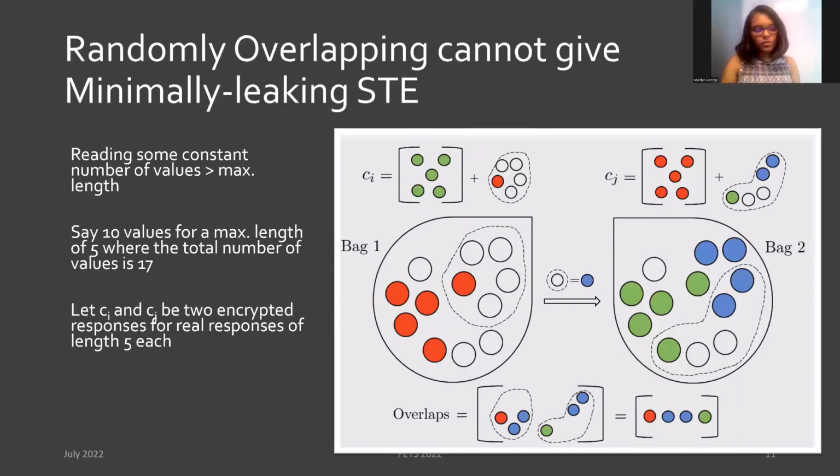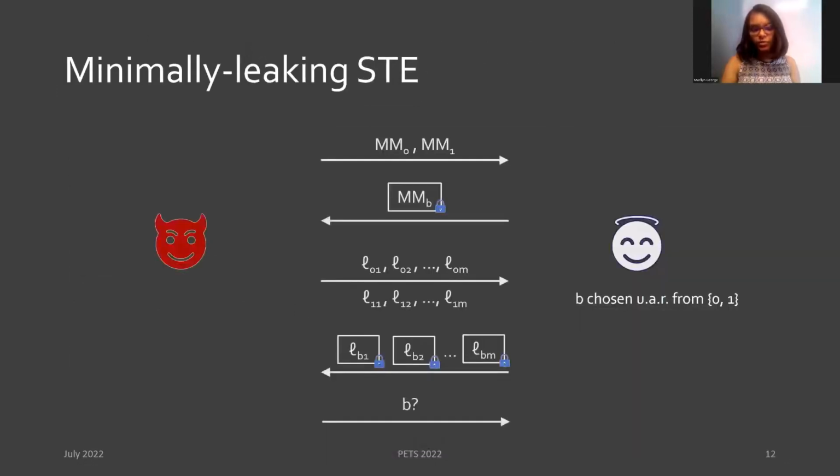However, the standard model might be too restrictive in that it gives the adversary a lot of power. Going back to the definition of minimally leaking, we see that the adversary is allowed to choose all of the labels that are queried in the query phase. What if the adversary was not given this power?